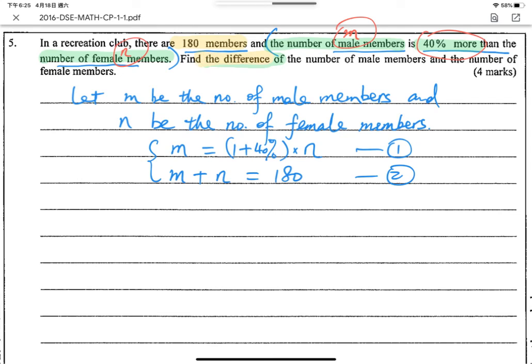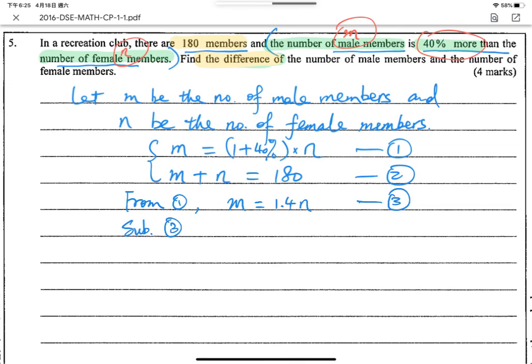So we need to see, because male members are 40% more than female members, the value of M is bigger than the value of N. So the difference between M and N just equal to M minus N. Okay, so let's solve the simultaneous equation first. From equation 1, we have M equal to 1.4N. So we call this equation 3.